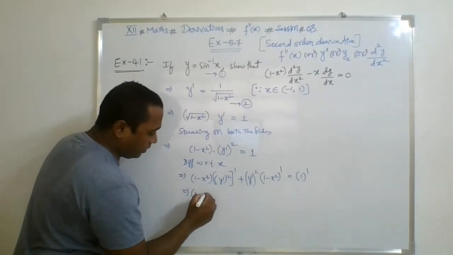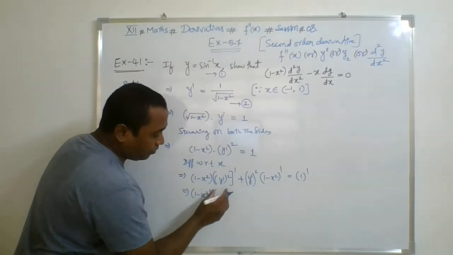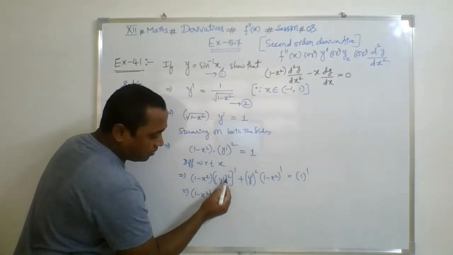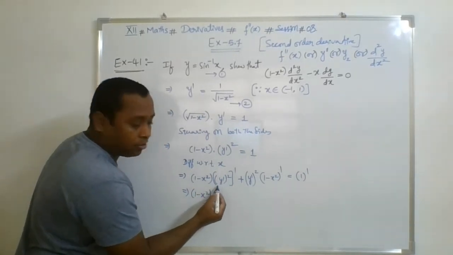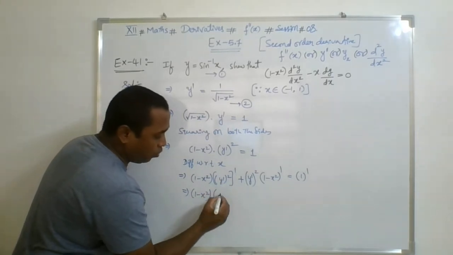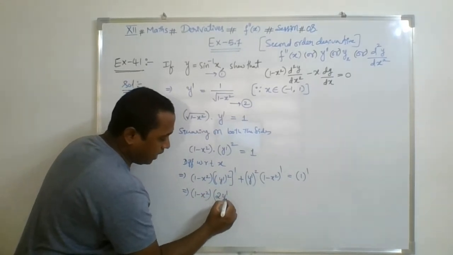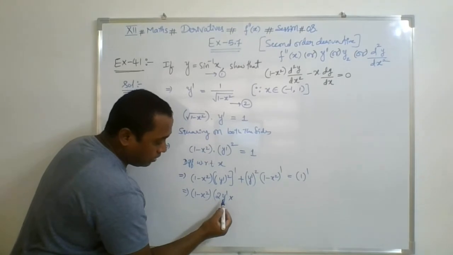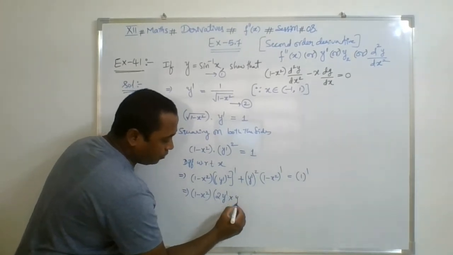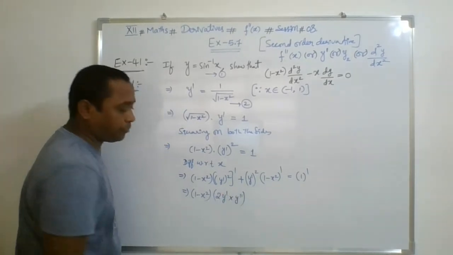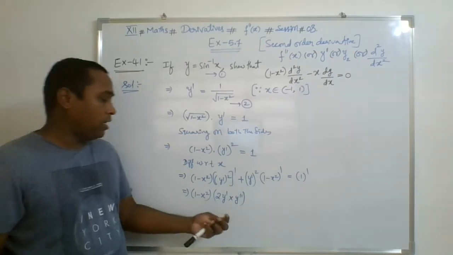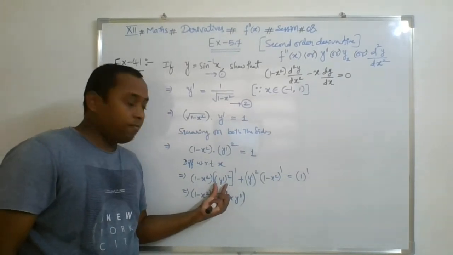Now 1 minus x square into, it is in the form of x square, right? So hence its derivative is 2x, that is 2x into the derivative of y dash, which is y double dash. Shall I repeat? Here it is in the form of x square.